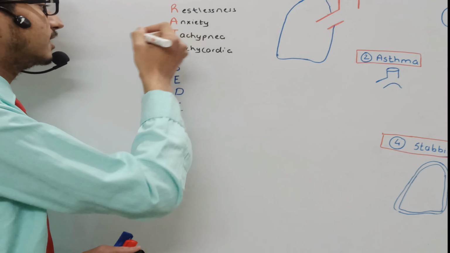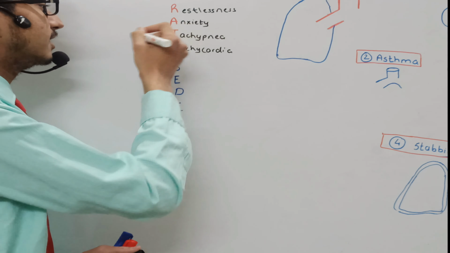And we have discussed in our previous video that the partial pressure of oxygen inside the lung is about 104 millimeter of mercury. According to the rule of diffusion, as the partial pressure of oxygen inside the lung is less, whereas in the atmosphere it is more, air will diffuse inside the lung.